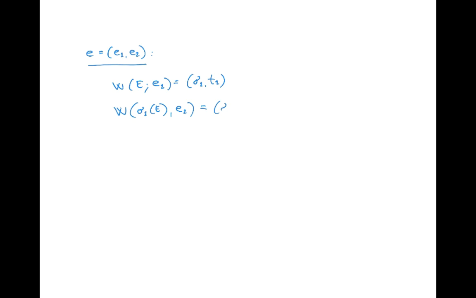We get a new substitution sigma 2 and the type T2, and then we return. What do we return? We return sigma 2, but sigma 1 applied to that, and the product type T1, T2. If one of the W calls failed, then we of course fail.